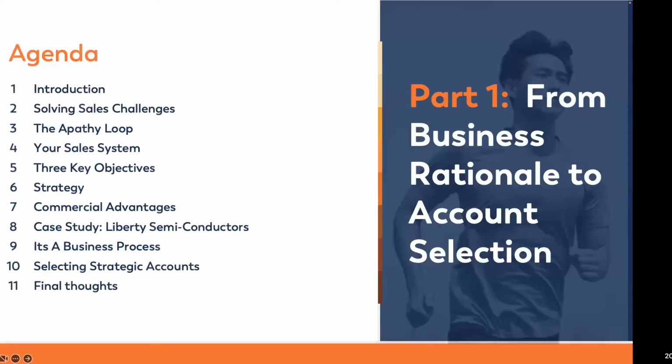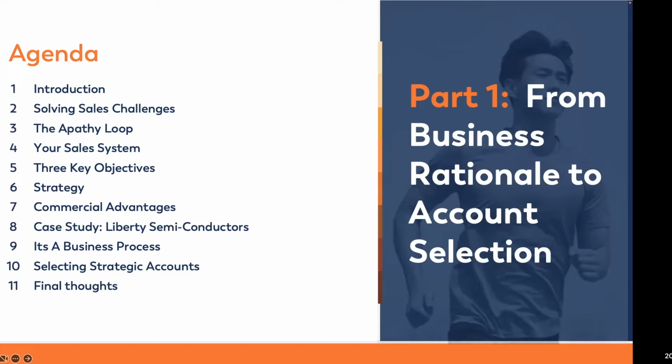Specifically today, the things we're going to talk about is some research that sits behind what's going on at the moment in the world of sales and some of the issues that is creating. And then we're going to talk about how strategic account planning is going to help us overcome some of these challenges. And we'll also talk about a recent client study, a client that we've been working with for the last 18 months, and show you some of the results that they achieved and how they achieved those.